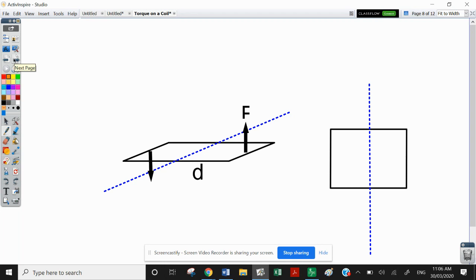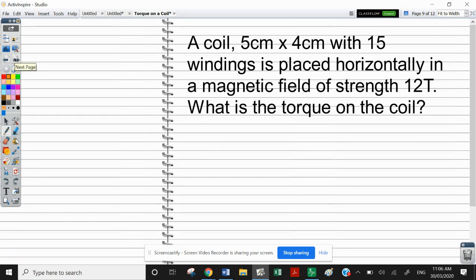Okay, so let's try a question by ourselves firstly. A coil which is 5 by 4 with 15 windings is placed horizontally in a magnetic field of strength 12 Tesla. What's the torque on the coil? Let's do a sideways view from the top.